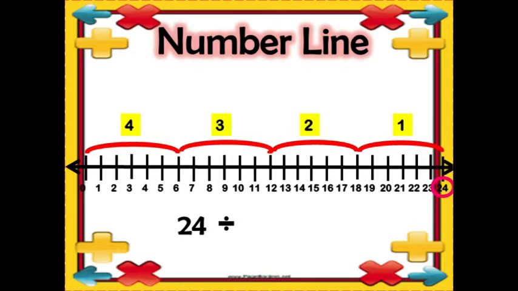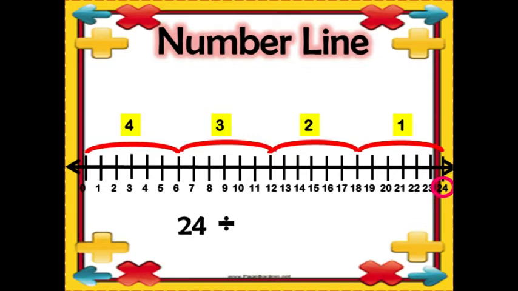And next, we write the division sign. So next thing we have to do is count the lines in each jump. So in here we have 1, 2, 3, 4, 5, 6. So the divisor in here is number 6.